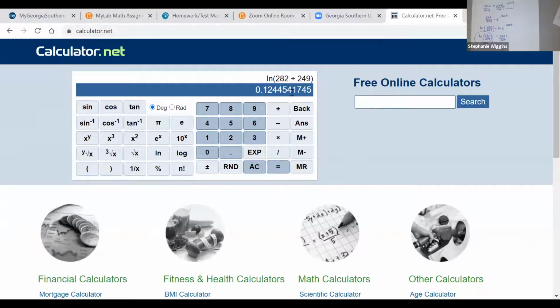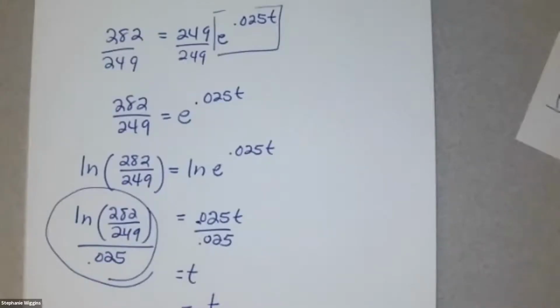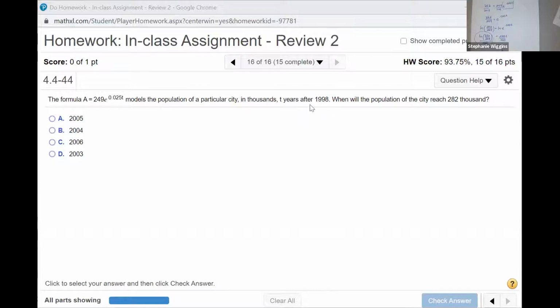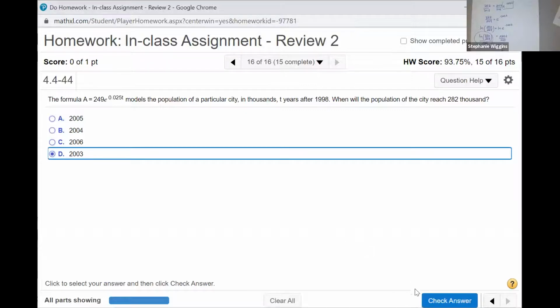So it looks like 5 years, and 1998 is the starting year. So 5 years after 1998 is 2003.